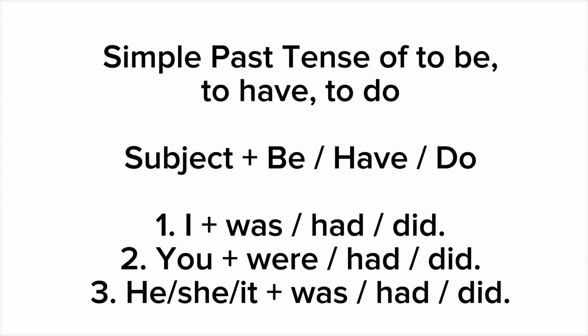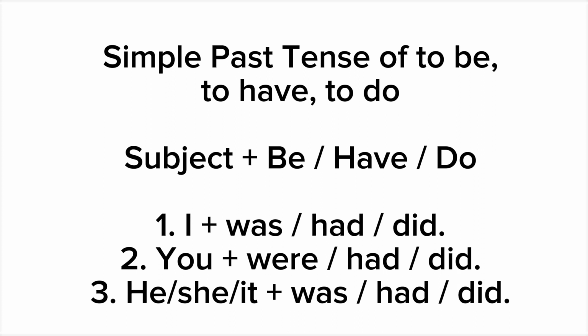This is how to create the simple past tense of to be, to have, or to do. The subject would be added to the simple past of be, have, or do. Samples. Number 1, I was, I had, or I did. 2.